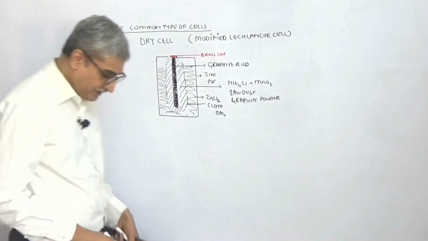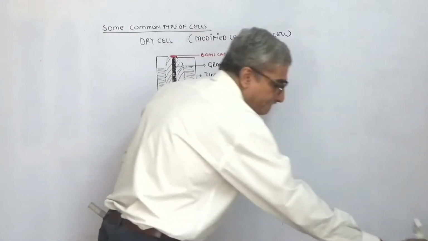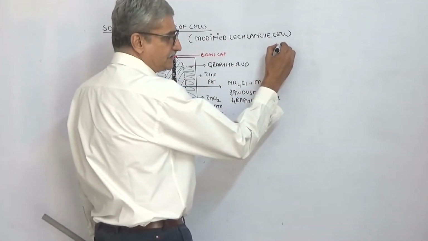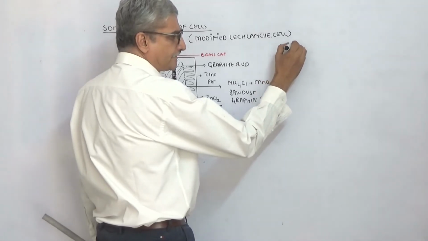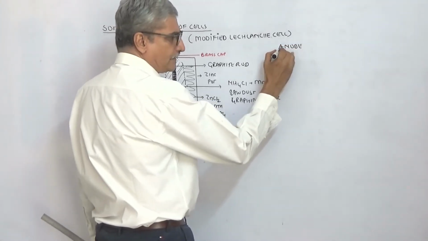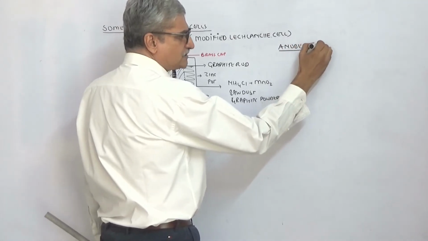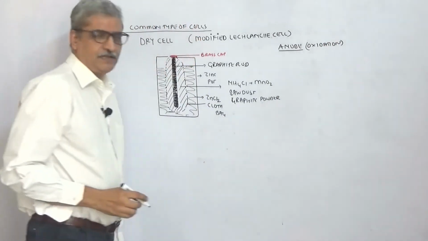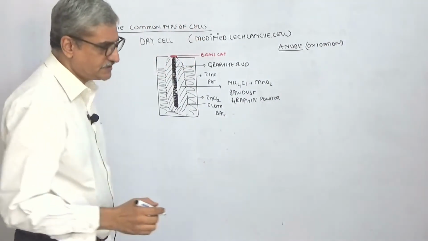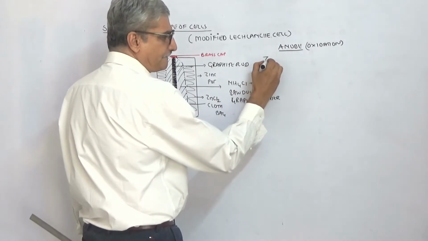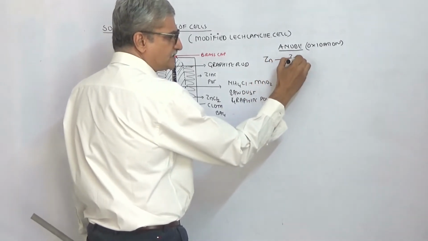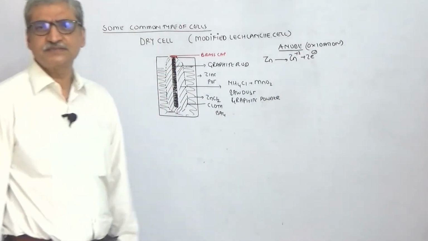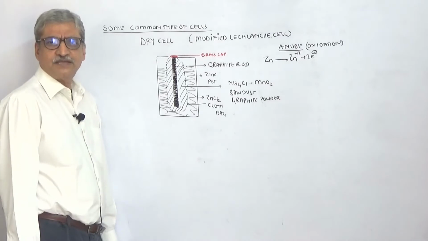Now let us look at the cell reaction one by one. At the anode, which is an electrode where oxidation takes place, zinc forms Zn2+ plus 2 electrons.